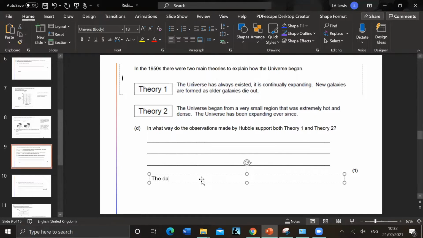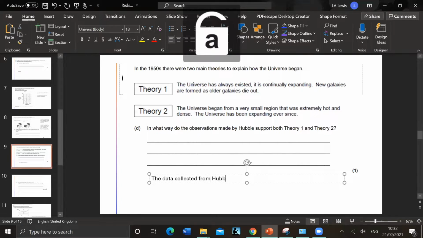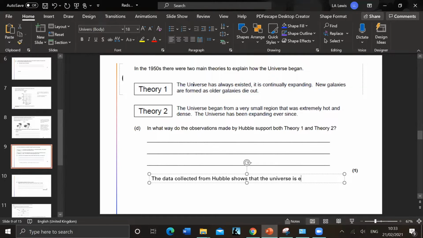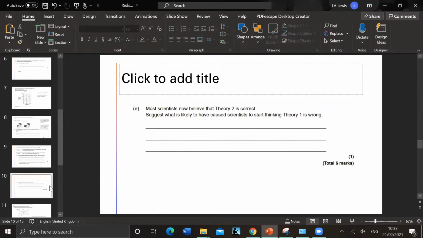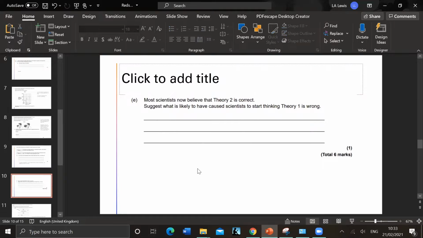The data collected from Hubble shows that the universe is expanding. This supports both of the theories. Maybe 1 mark. Okay, there's always another bit, isn't there? I think there's nothing more than 1 mark here.